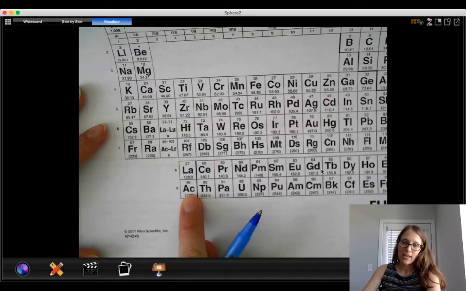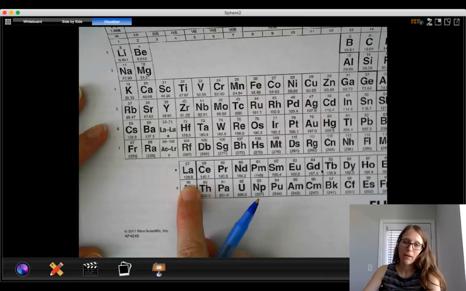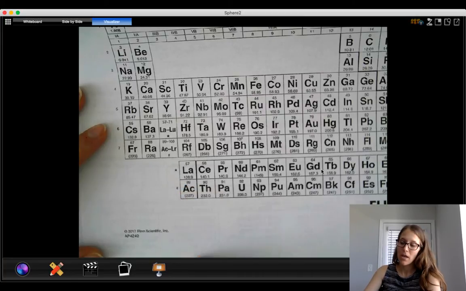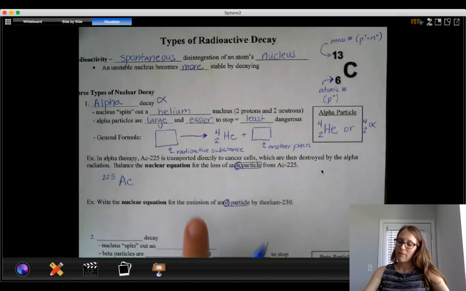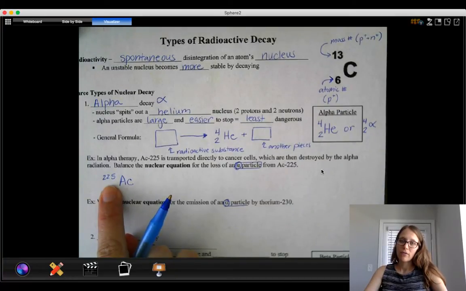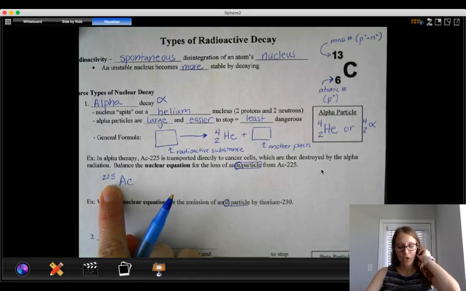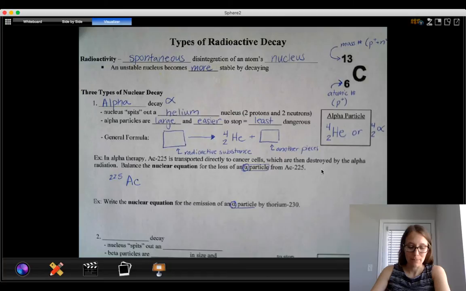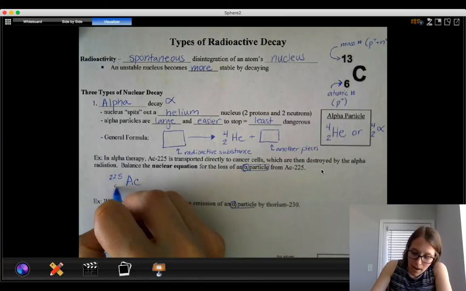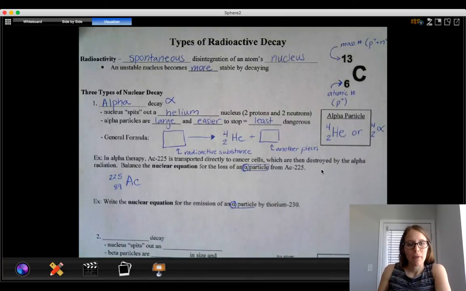If I find actinium, its atomic number is 89. Notice that on here it says the mass is 227, and yet the mass that we're using is 225. That's because this is a different version of actinium. It might not be the most common form, but it is the form that is radioactive in this problem. I'm going to write down that 89 that I looked up on the periodic table.